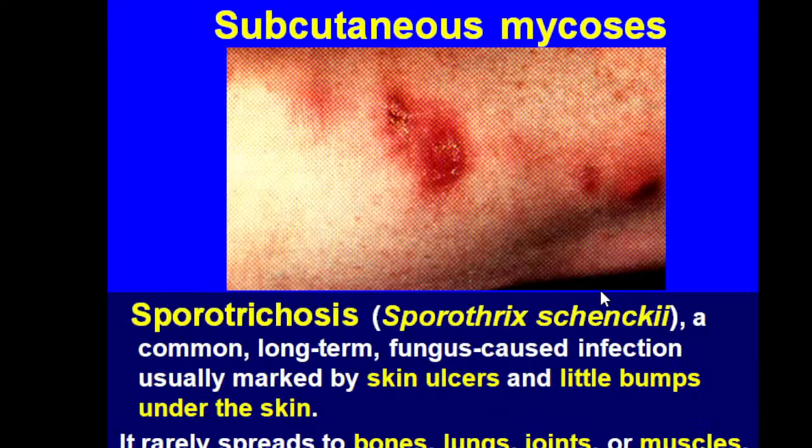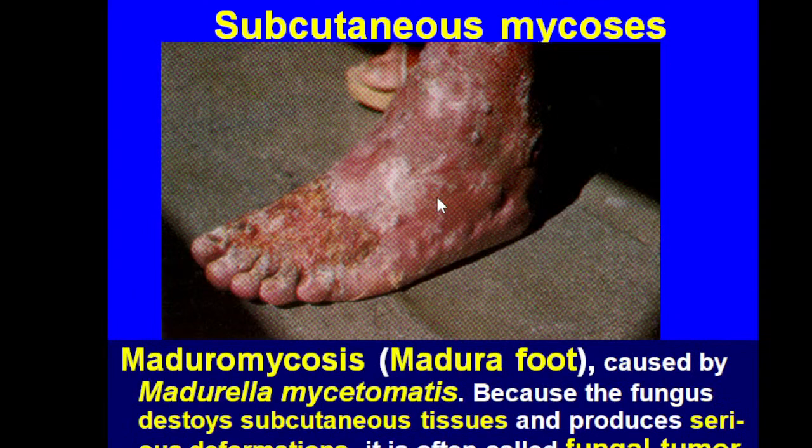You can see the mycosis caused by Sporothrix, and it is very long term, usually a chronic disease marked by skin ulceration and bumps forming under the skin. But then it may progress to bones, lung, joints, or muscles. So it really can be severe.